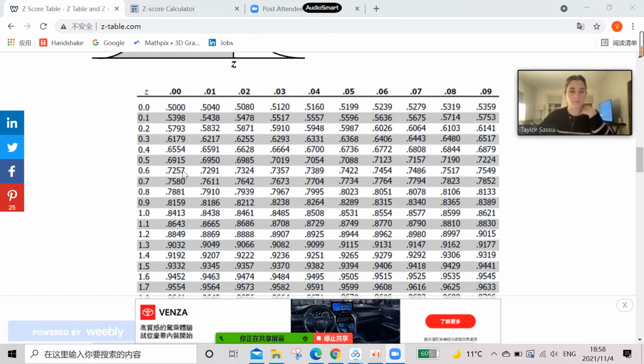If you want to locate, like, z equals 1.05, first you find z equals 1.0, and then you go to the column which gives you a second decimal place of 0.05. You can find the z-score. My God, I've been reading this fully wrong.